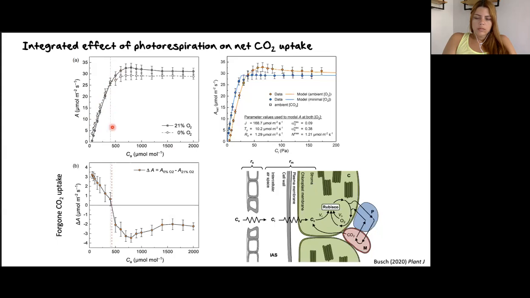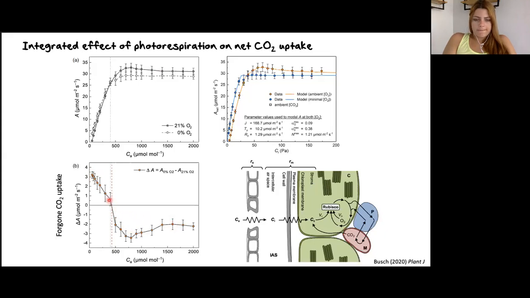So then we can see, well, in some areas, when we have photorespiration present, we get higher assimilation rates, and in others, we get lower assimilation rates. But we can just take the difference between those two and see what the effect is of photorespiration on CO2 uptake. And this difference here is graphed as a curve down here. So as you can see, with photorespiration, we're losing out on some carbon at low CO2 concentrations, and we're gaining some carbon at high CO2 concentrations.